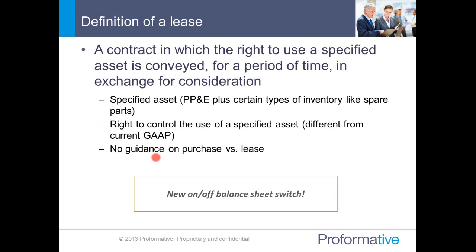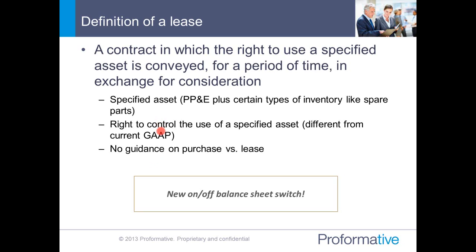That's property, plant, and equipment, plus certain types of inventory like spare parts, which really are more like PP&E in any case. And the lessee will have to have the right to control the use of the specific asset. Control is now kind of the regime du jour from the Revenue Recognition Project.